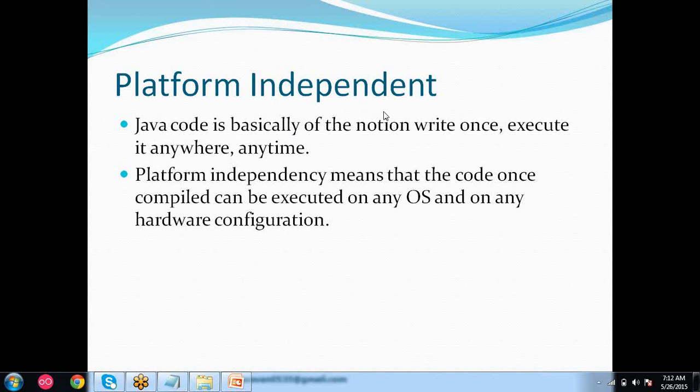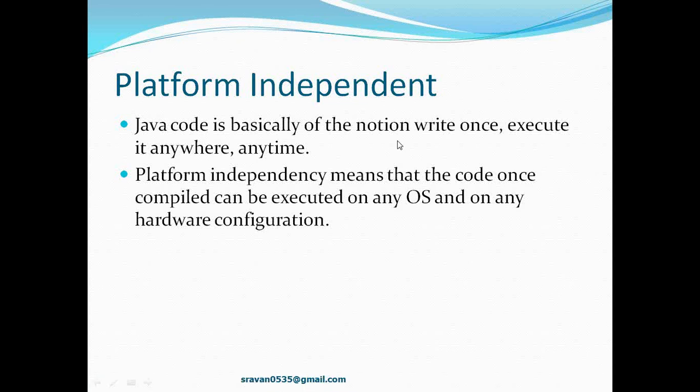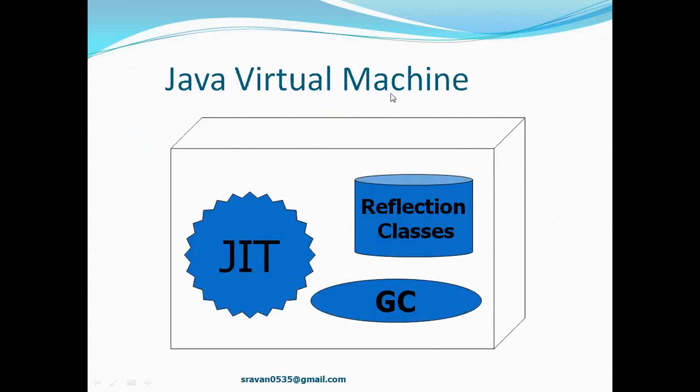I will explain why it's platform independent, what the reason is, and what functionalities it contains. The first and foremost important thing is the JVM, the Java Virtual Machine. It's a combination of some reflection classes, GC, which is the garbage collector, and JIT, which is the Just-In-Time compiler, the Java interpreter.